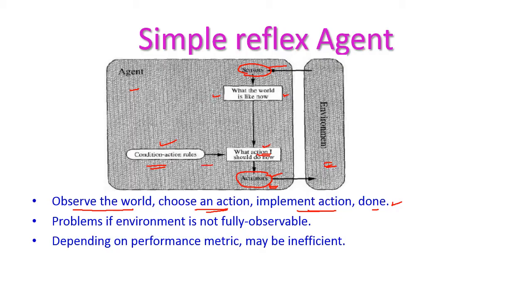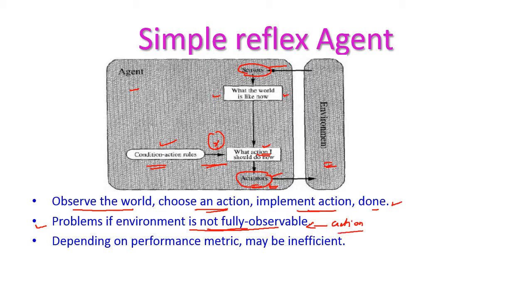This is a very important concept in this simple reflex agent, and that action is performed on the environment by using these actuators. And there are some problems in this simple reflex agent. If the environment is not fully observable, we cannot predict the correct action.